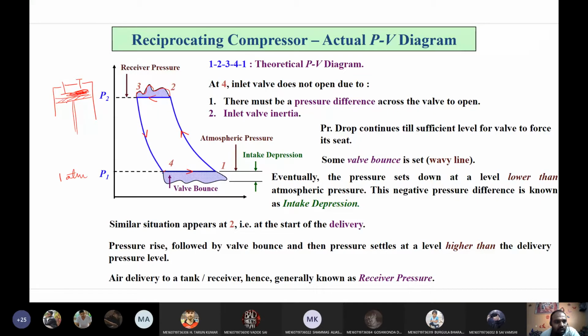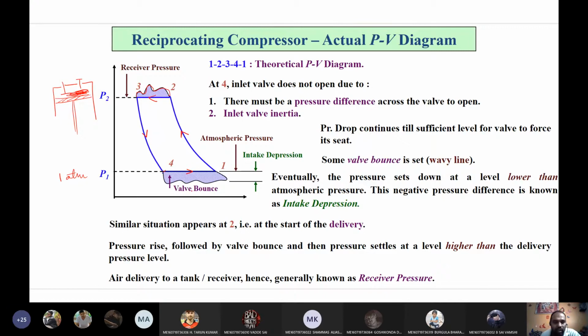Is it equal to 1 bar or less than 1 bar? Less than 1 bar, right?